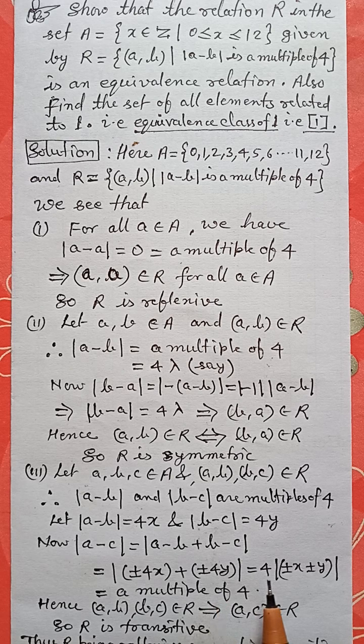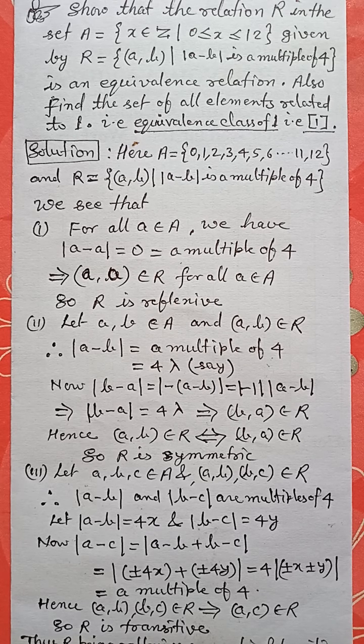And this is equal to 4 times (plus or minus x plus or minus y). And it indicates that modulus of A minus C is again a multiple of 4. Thus, we see that if (A, B) and (B, C) belong to R, this implies (A, C) also belongs to R. So, R is transitive.